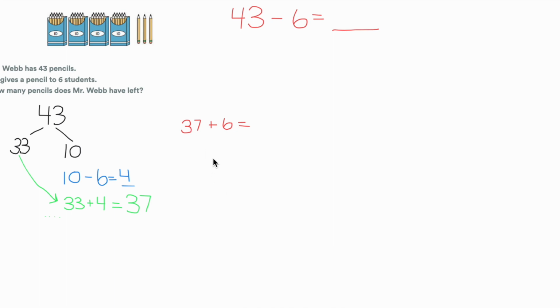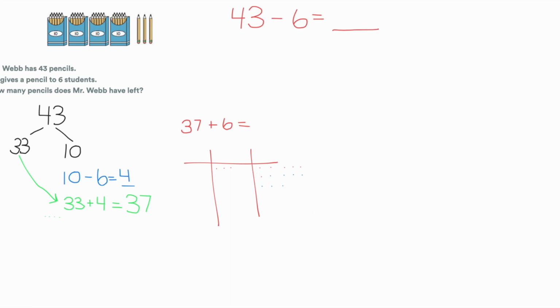So 37. 1, 2, 3 tens. 31, 32, 33, 34, 35, 36, 37. And I'm going to add 6 more. Okay, here I go. 1, 2, 3, 4, 5, 6.